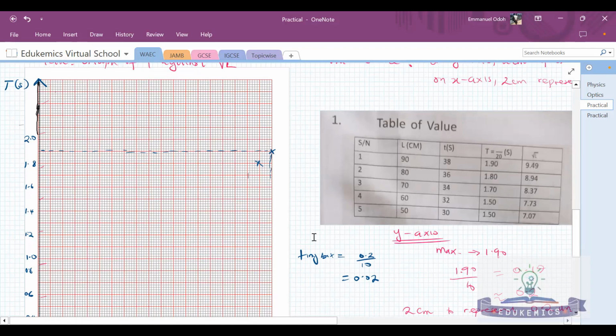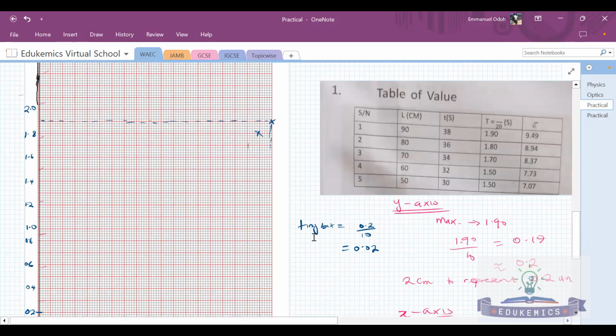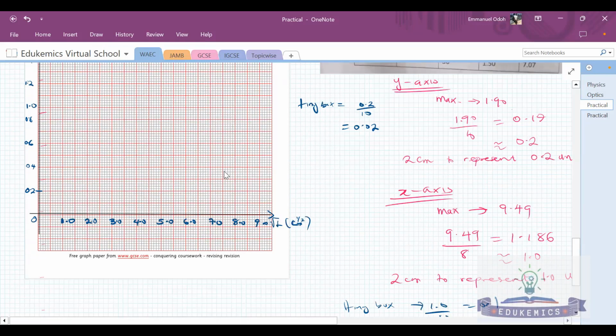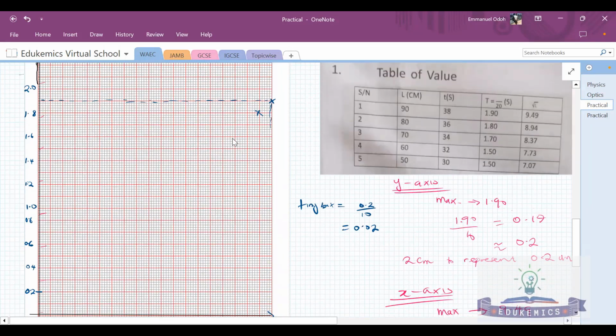1.7, 8.37. When it is 1.7, we have 8.37. This is 1.8, so 1.7 is here. 8.37.